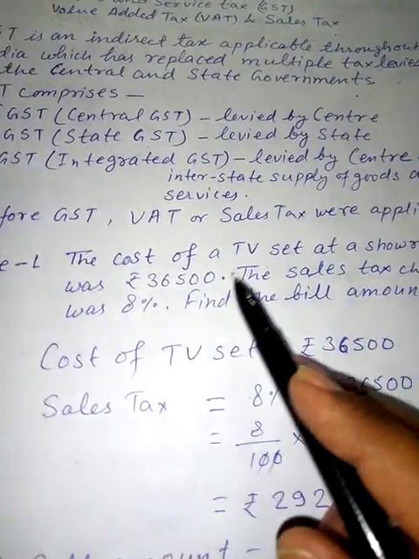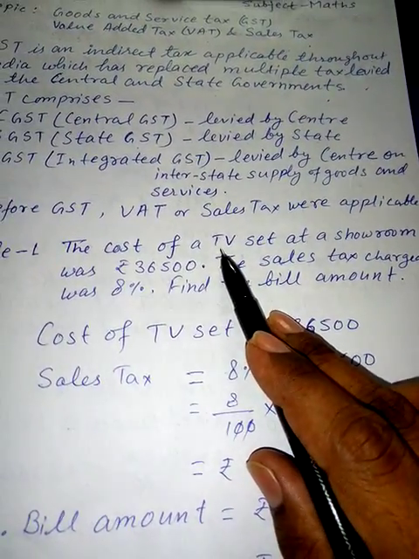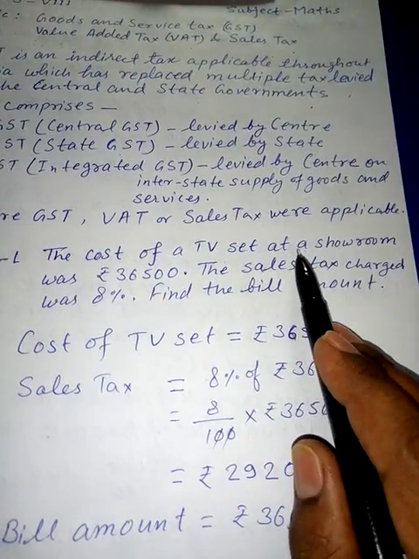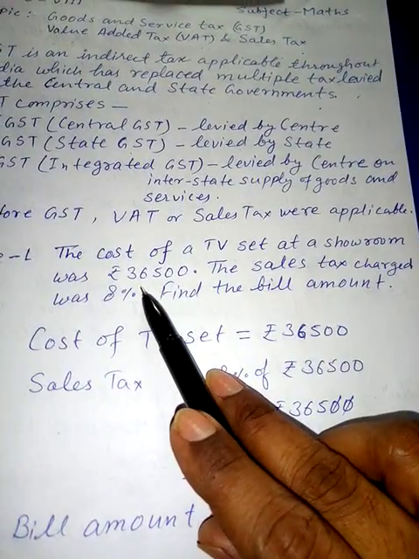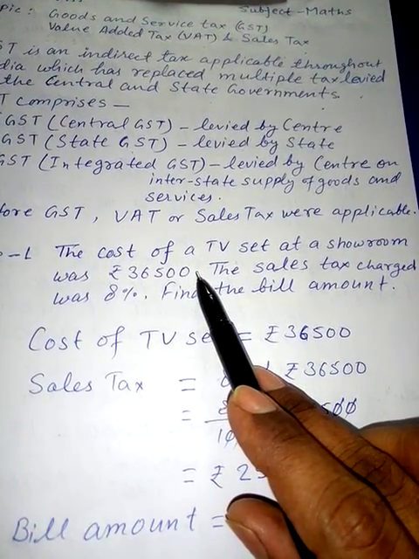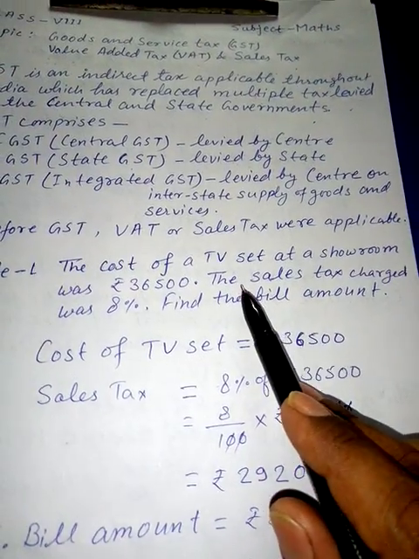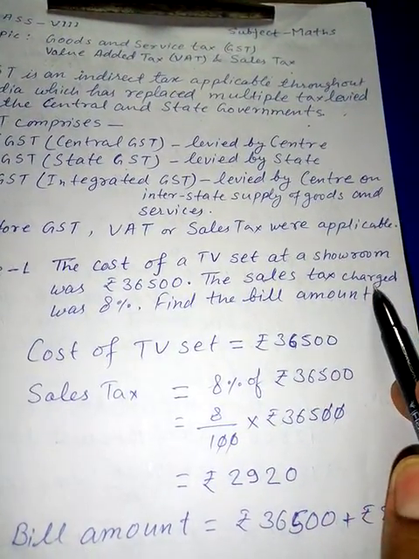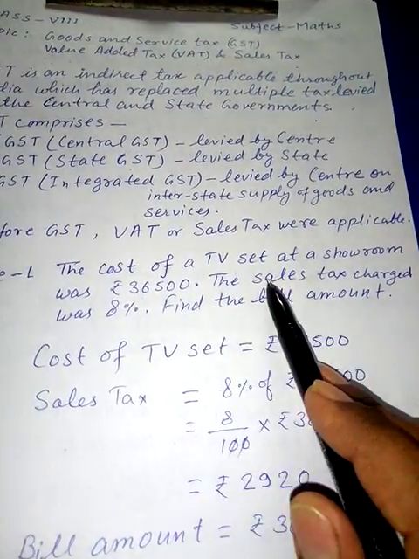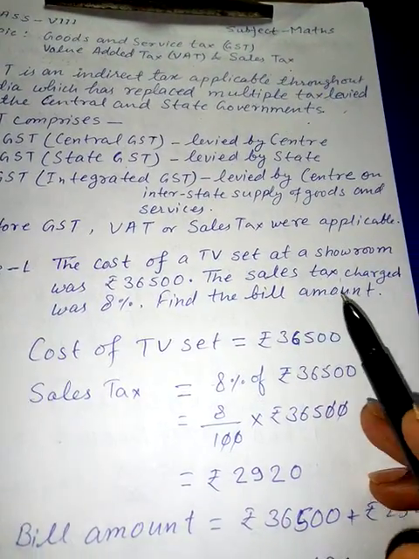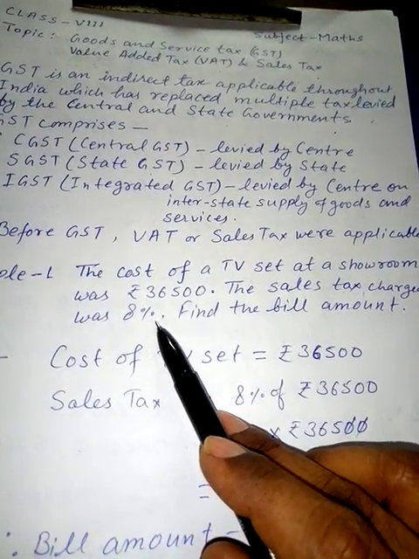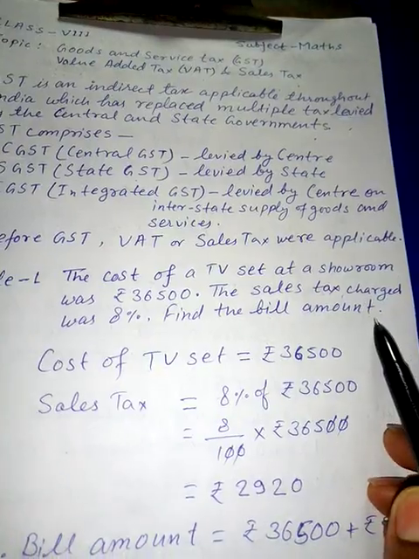Example 1: the cost of a TV set at a showroom was 36,500 rupees. The sales tax charged was 8%, that is, sales tax was applicable previously. Find the bill amount.